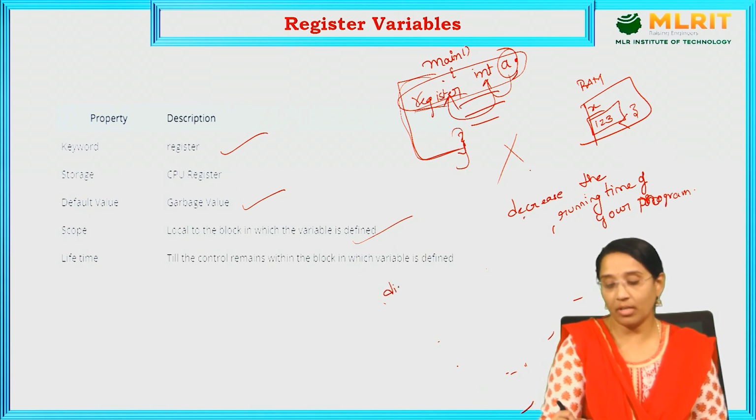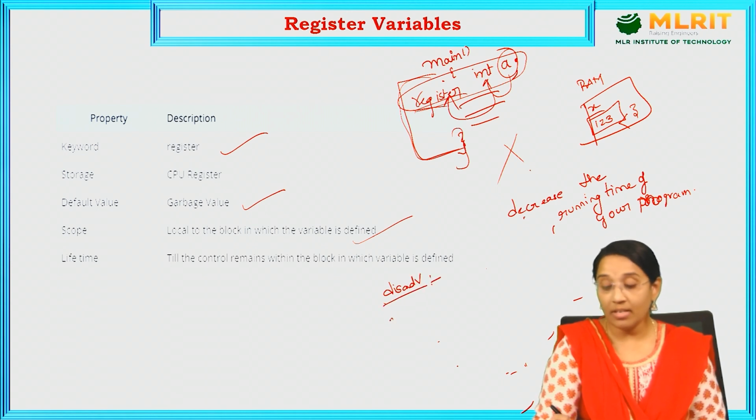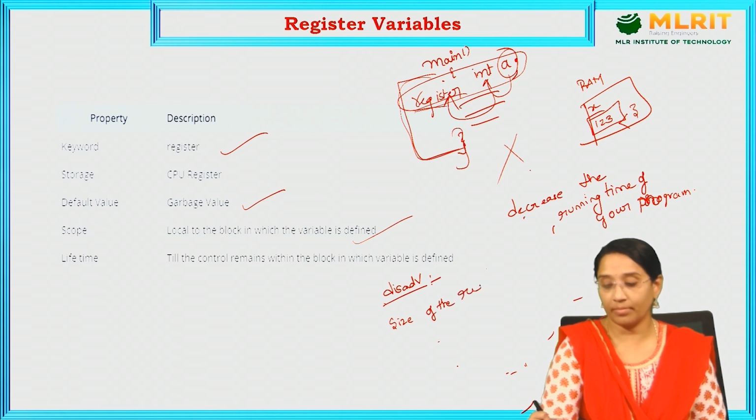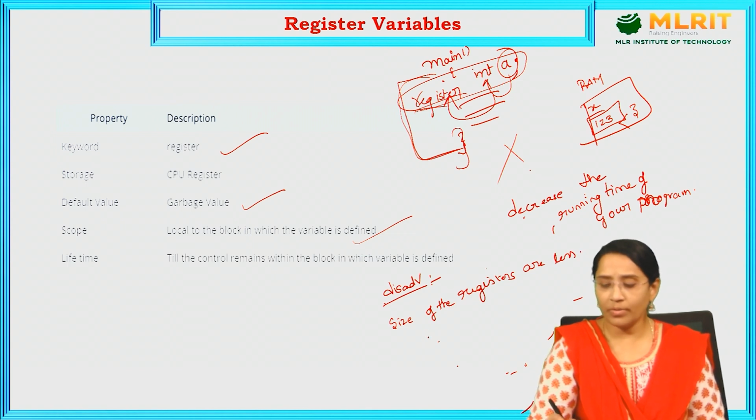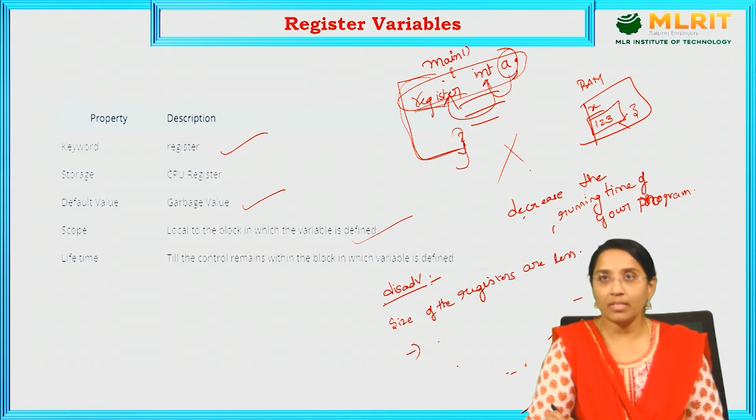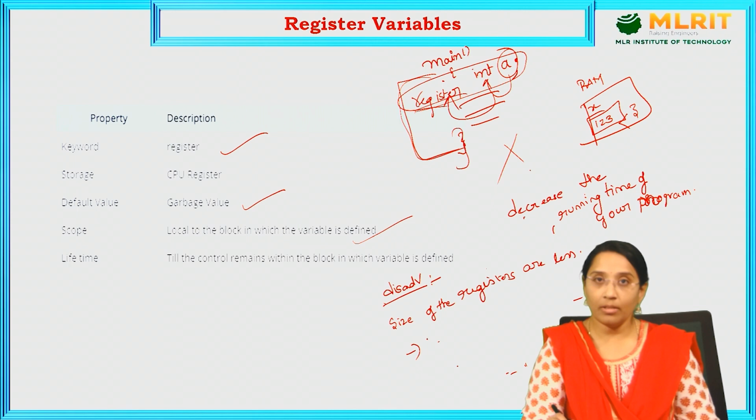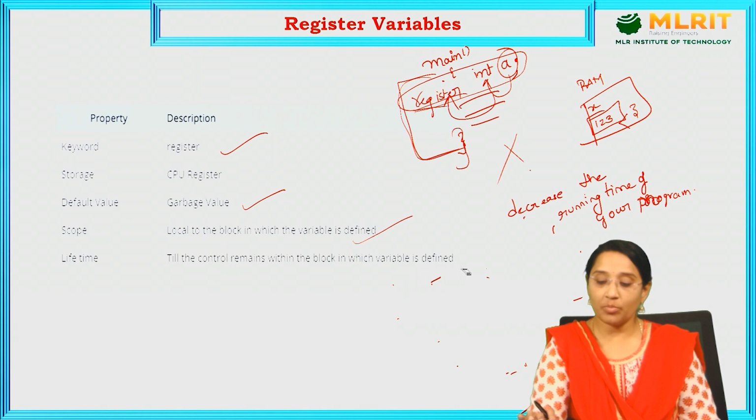And the disadvantages of the register storage class: the size of the registers is very small, so only the variables which we use frequently can be stored in the register storage class. And one more thing, CPU registers must be available. This is one condition.